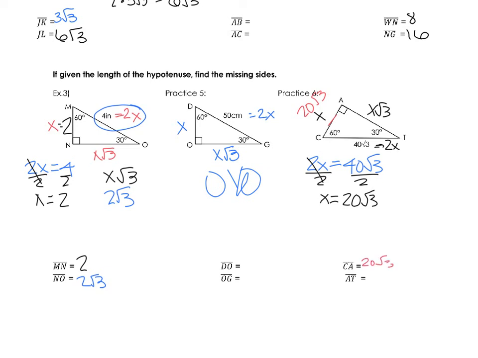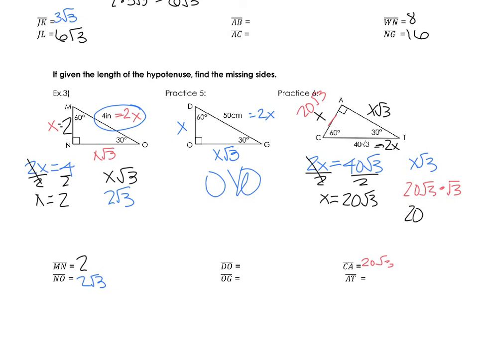Now, to figure out what AT is, we get x square root of 3, and I have to substitute in the x for 20 square root of 3. So I get 20 square root of 3 times square root of 3. All right? Now, when I break this down, multiply your square roots. So I keep my 20, sorry, I said 30, it's supposed to be 20.